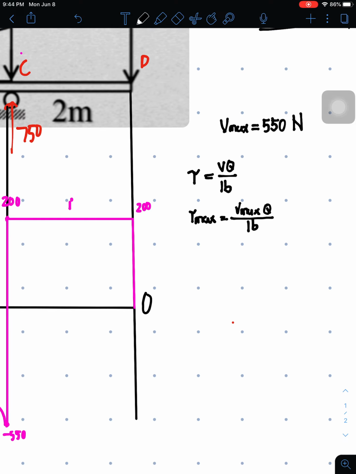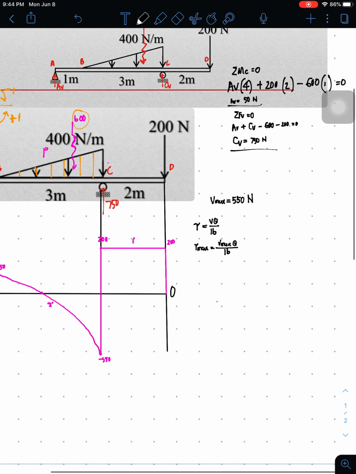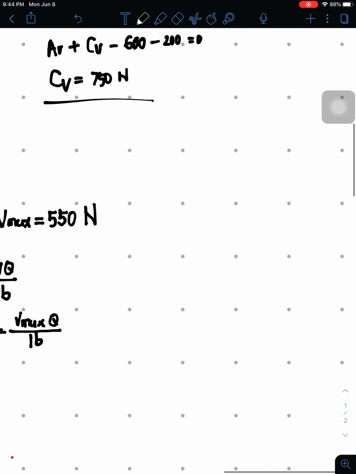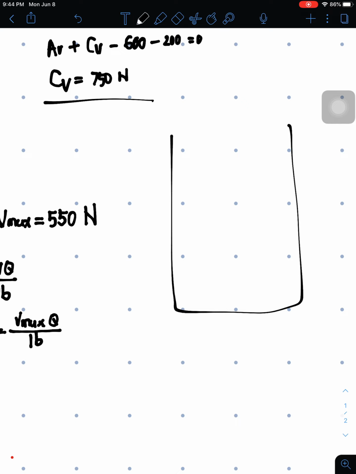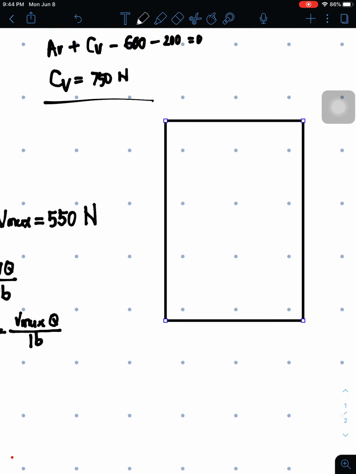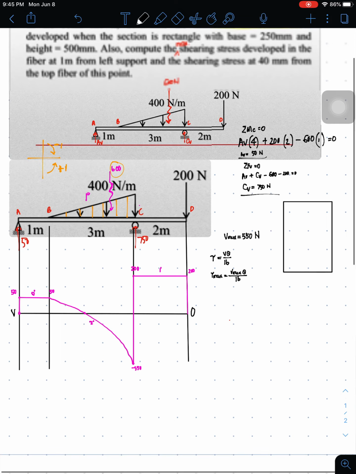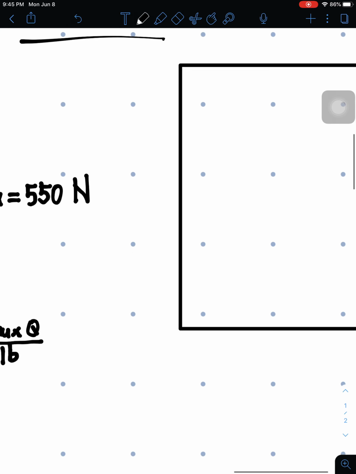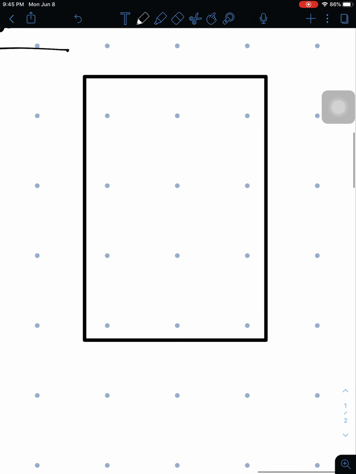So let's draw the figure. So according to the figure, the height is 500 and the base is 250.